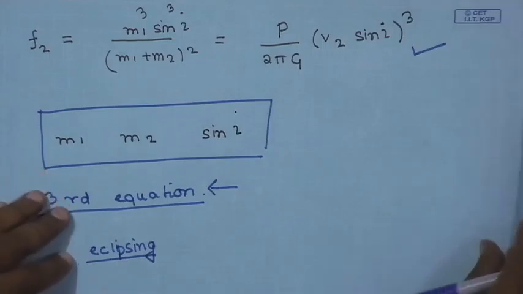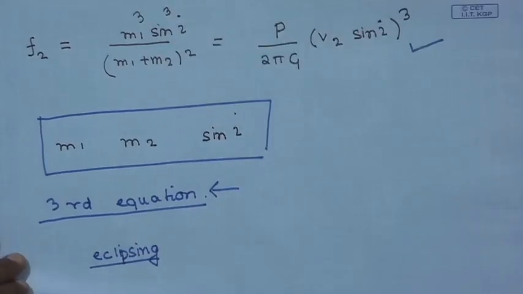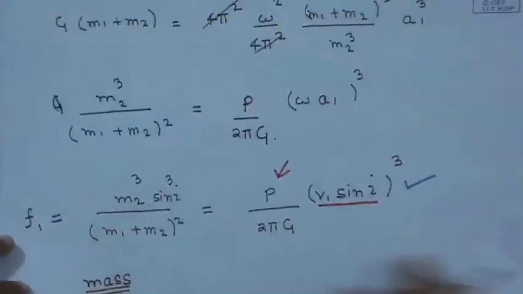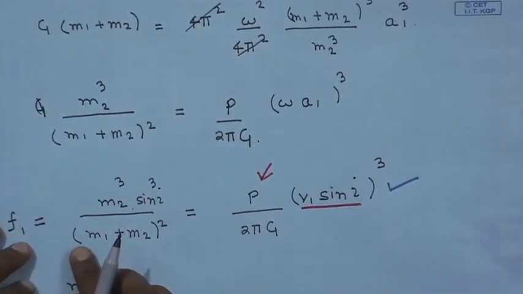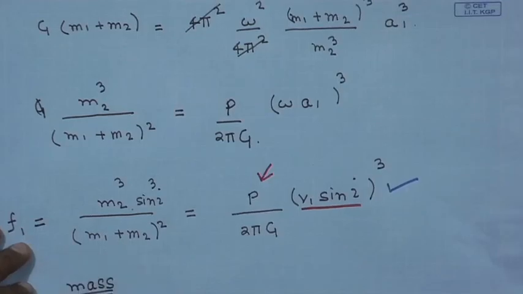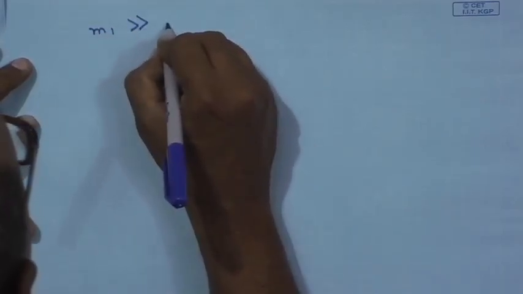Okay. Now, one can make progress. So, let me try to give you some insight as to what you can do from just a spectroscopic binary. For example, if I have a situation where I know that one of the masses is much larger than the other. Let me just take up an example. Suppose I know that m1 is much larger than m2.